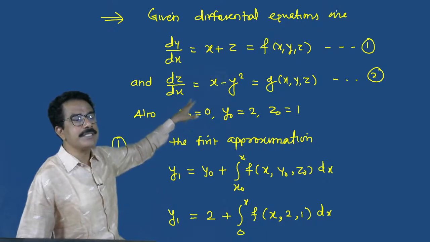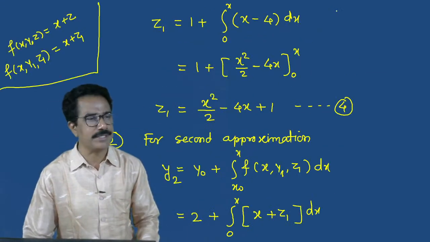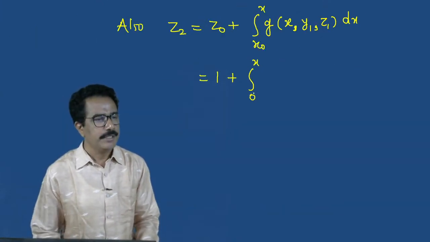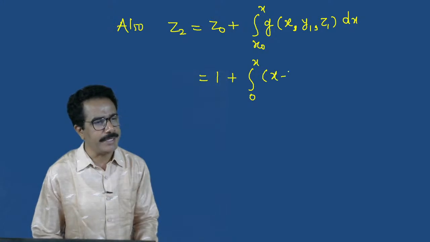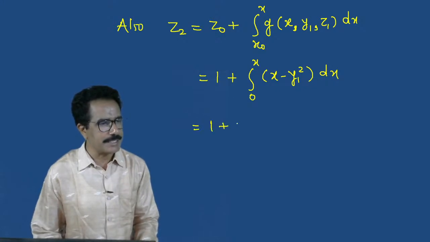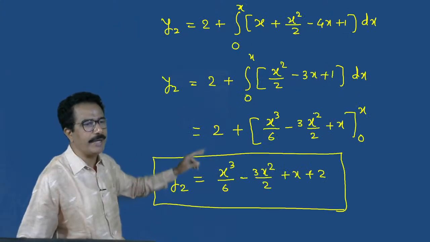See this, g means x minus y square, but we have replaced it with y1 square. Very good, Neeraj Parangsale, very good. So x minus y1 square dx. So 1 plus the integral from 0 to x of x minus, put this value of y1.